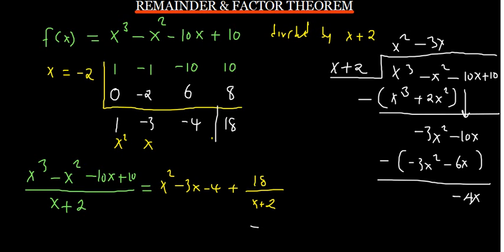And then drop the 10 which is at the end here, positive 10. And then again you say this x into negative 4x, that will be negative 4. Again multiply negative 4 times x plus 2: negative 4x minus 8. And then subtract again: negative 4x minus negative 4x is 0. 10 minus negative 8 is positive 18.